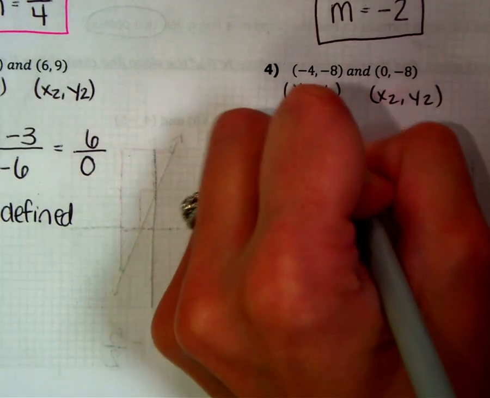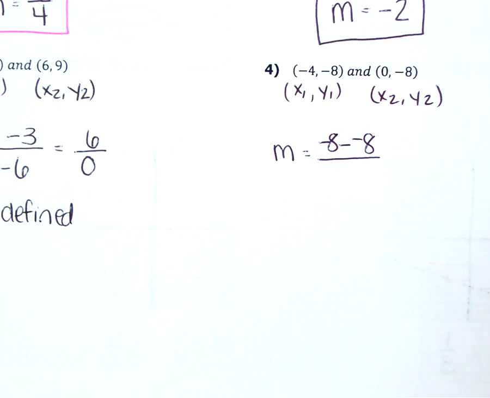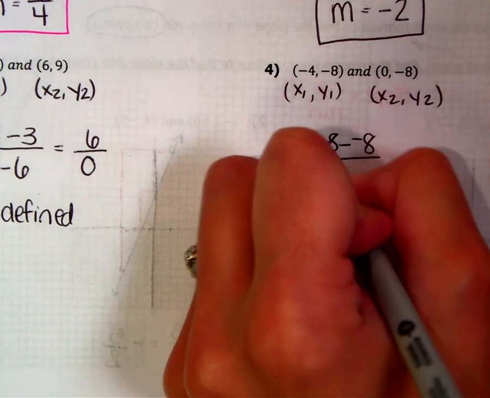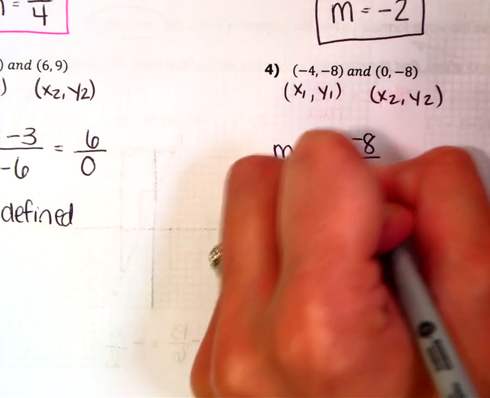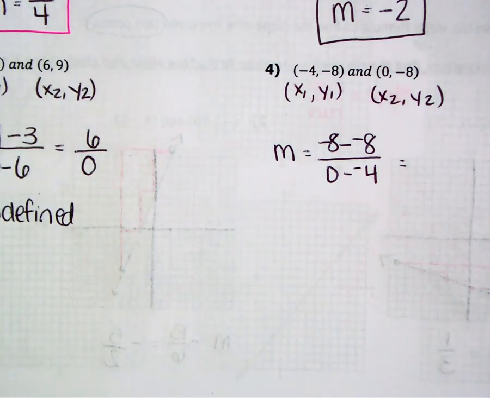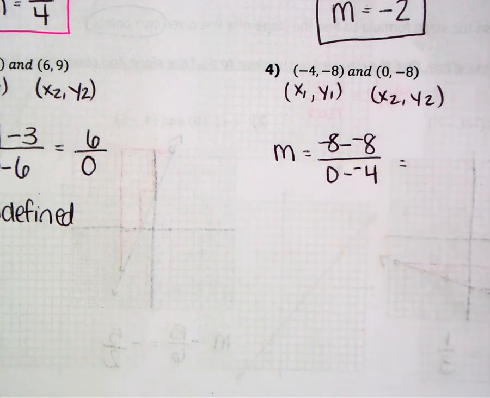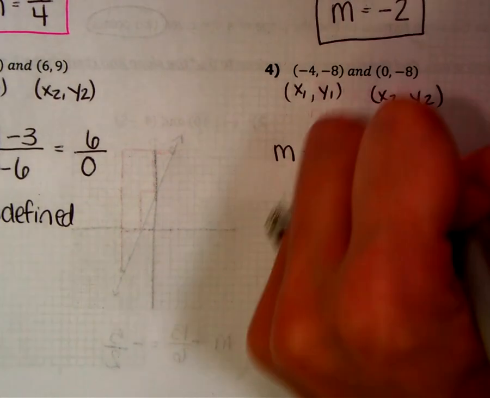Make sure you got at least this far. So I have negative 8 minus a negative 8. Make sure you got those double signs. And then x2 minus x1, 0 minus a negative 4. So I've got double signs on top and double signs on the bottom. If we think about the rule, minus and a minus, do they match or mismatch? Match. Is that a positive thing or a negative thing?